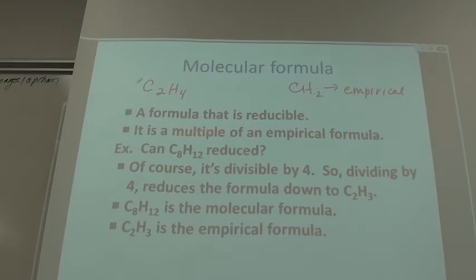Yes, but if this has a mass of 14 grams, my unknown has a mass of 28 grams. I wonder what its molecular formula is. Still a 1-to-2 ratio, but it's a multiple of it.